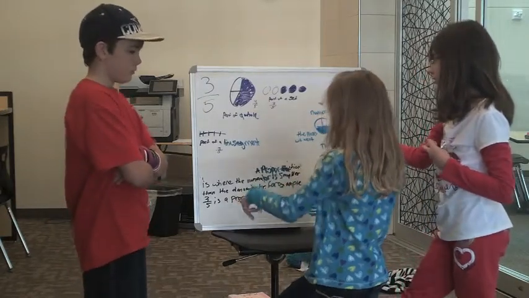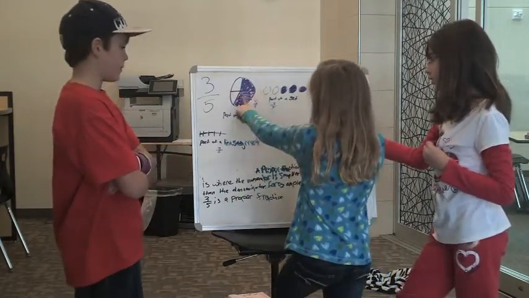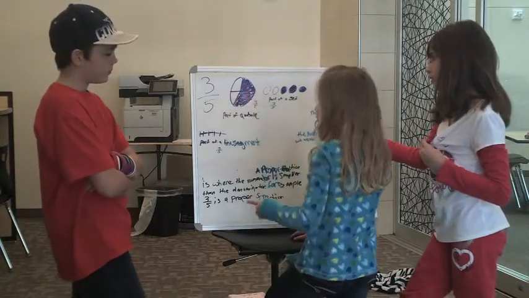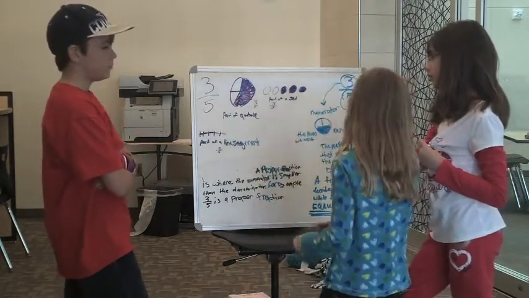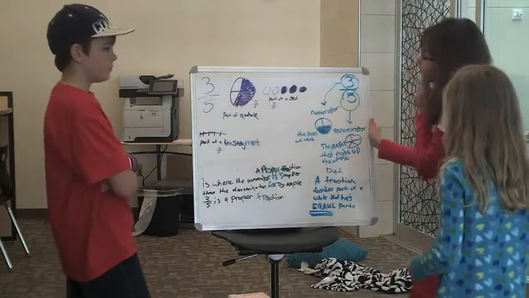For an example, 3/5 is a proper fraction. So this number is smaller than this number. So like 3/5 because there's 3 shaded in and there's 5 pieces overall. Okay, I see.